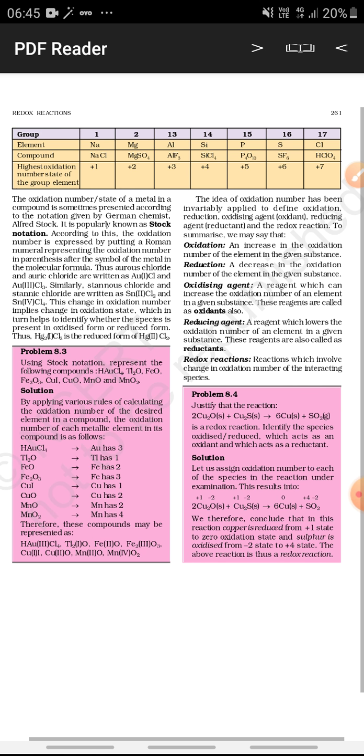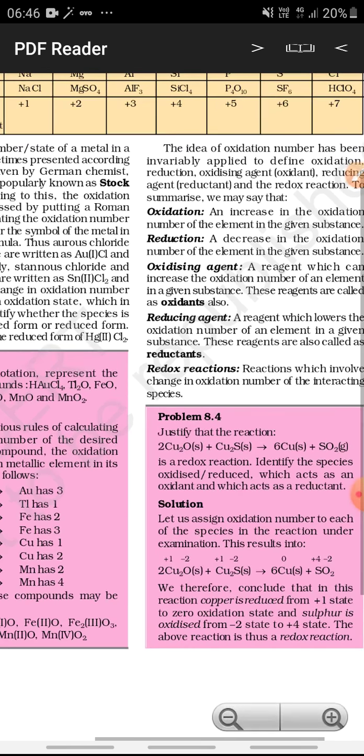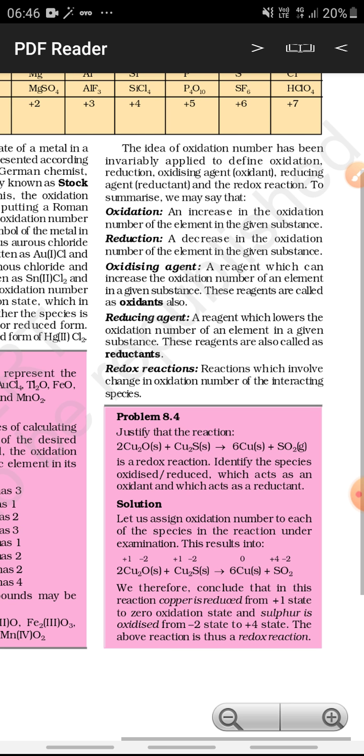Now today I'll be telling you what is meant by an oxidizing agent and a reducing agent. See children, a reagent which increases the oxidation number of an element in a given substance is called an oxidizing agent.